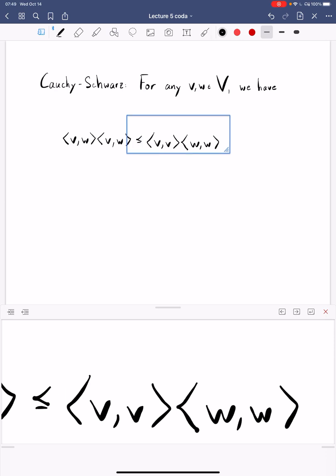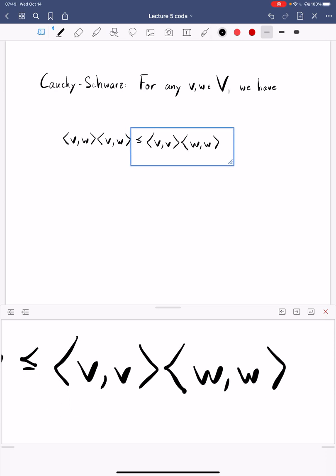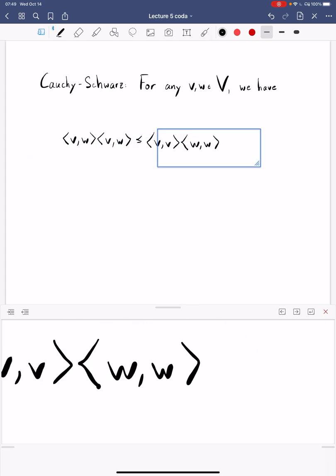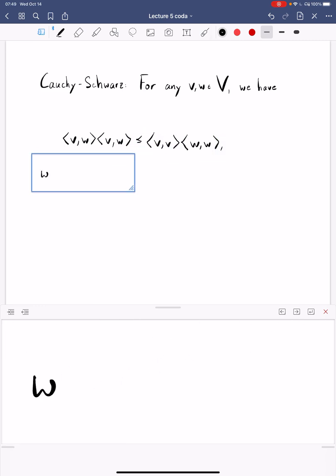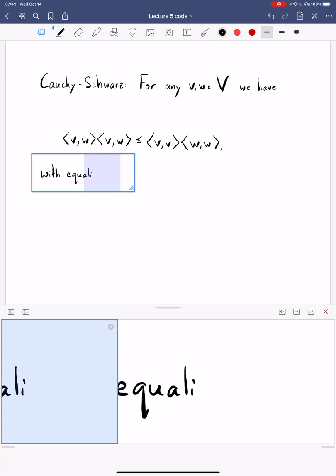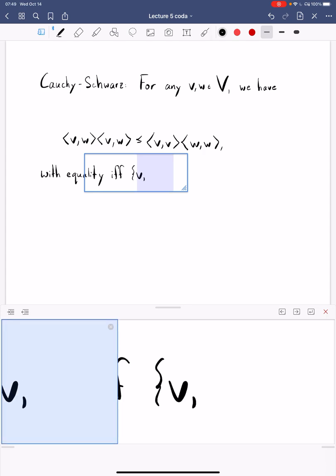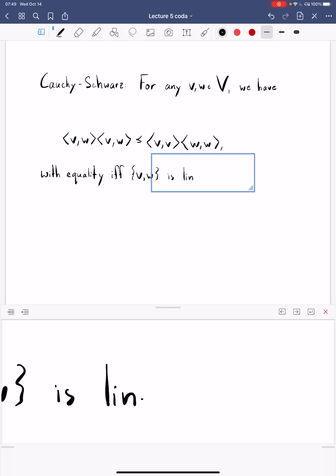So the scalar product of v with v and the scalar product of w with w. Okay, and moreover, it says that this is not only true, but that equality holds if and only if the set consisting of v and w is linearly dependent.